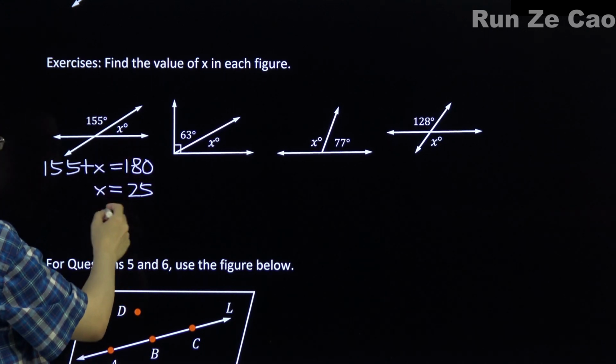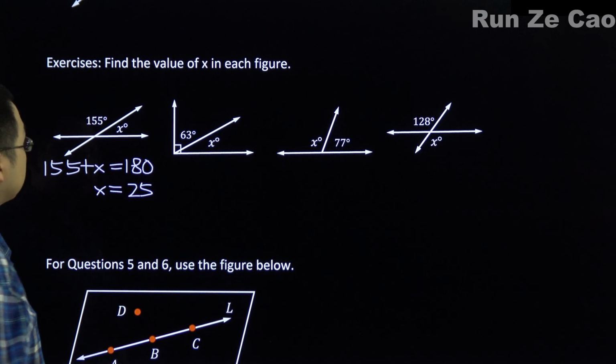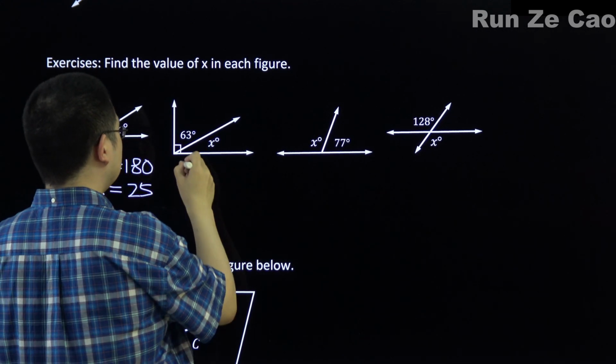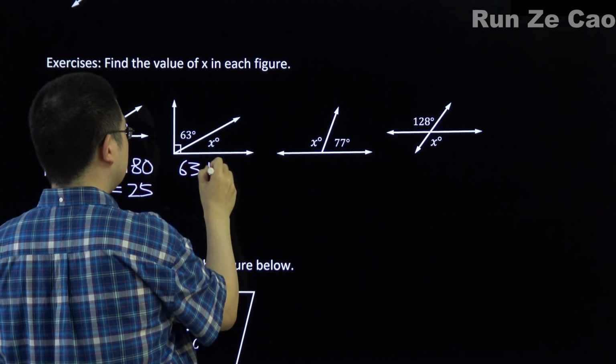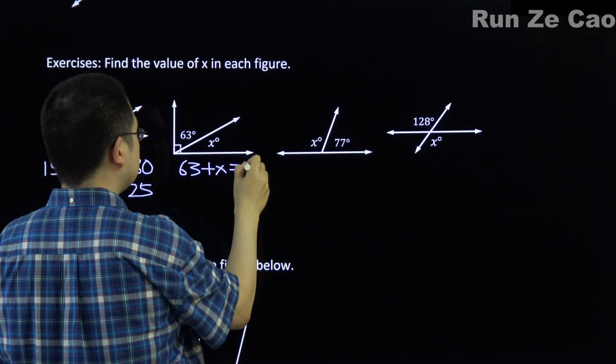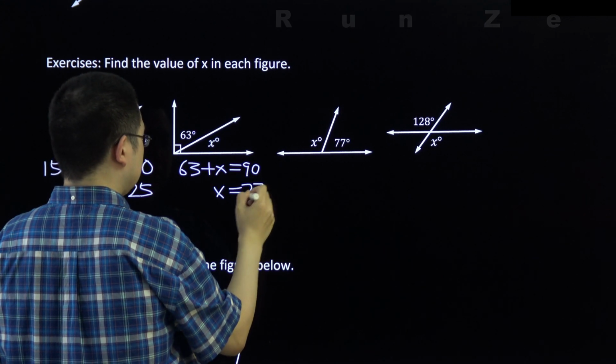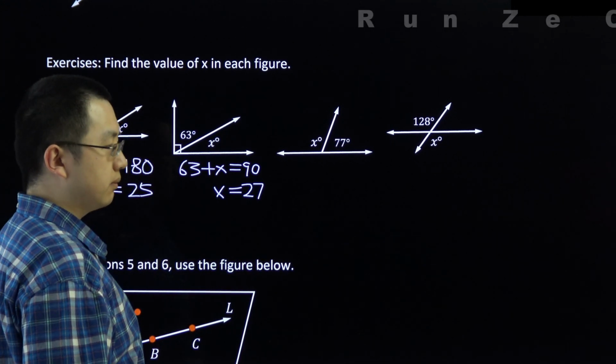So x degrees is 25 degrees. 63 degrees and x degrees, well, that's 63 plus x equals 90. X is equal to 27 degrees.